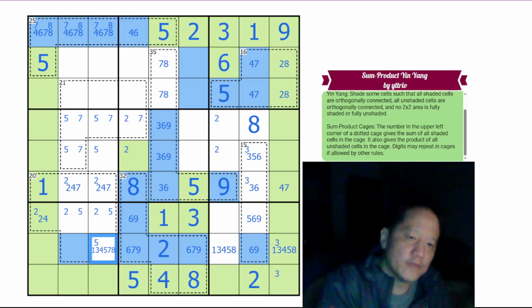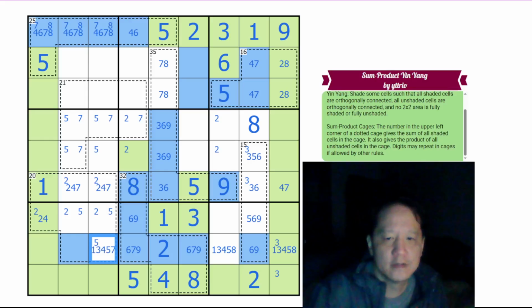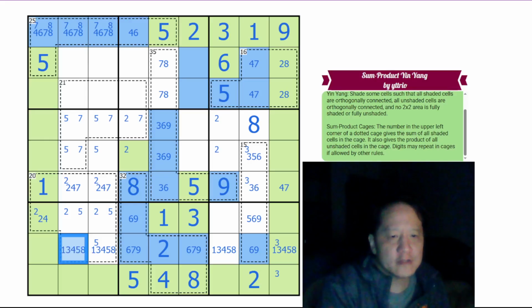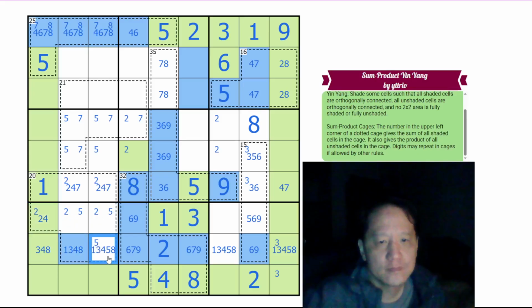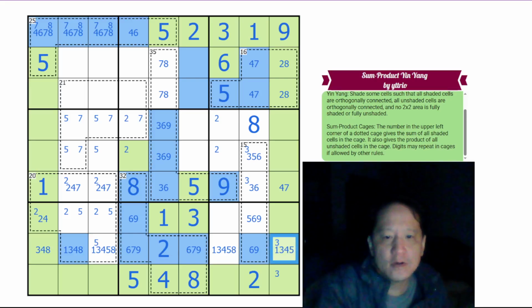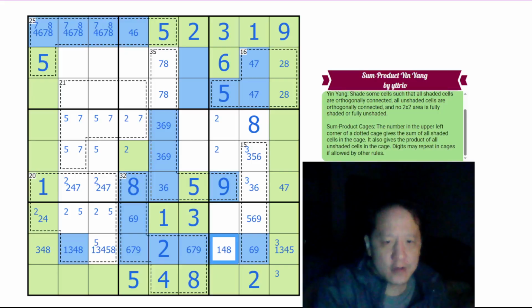No 7. This can't be 1 or 5. This can't be 5 because this must multiply to 20 with the 5 here. No 8 here. No 3 or 5 here.